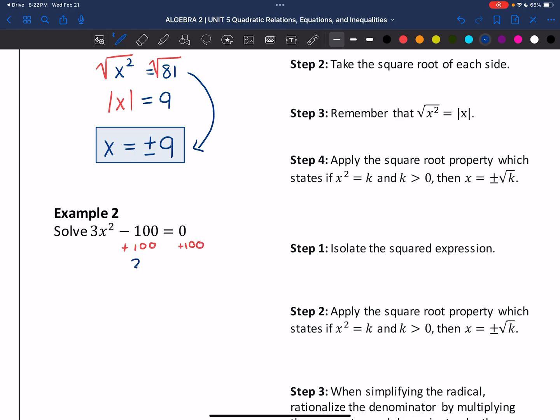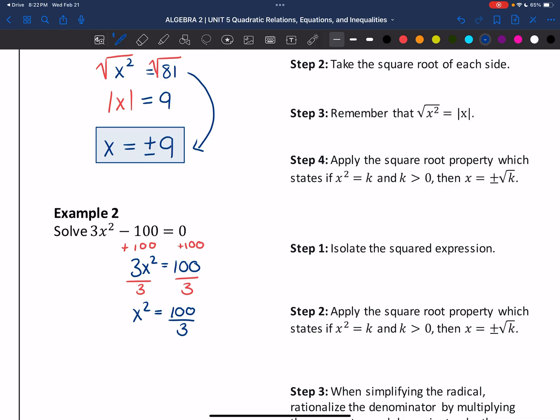That gives me 3x squared equals 100. And then I need to divide by 3. Let me actually do that in red. Divide by 3, and that's going to give me x squared equals 100 divided by 3.